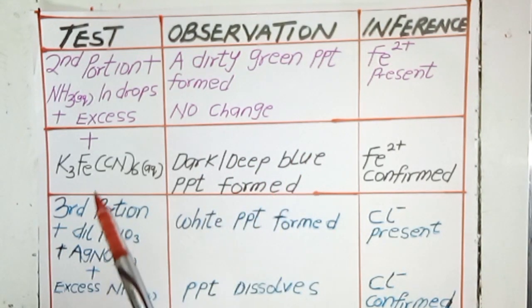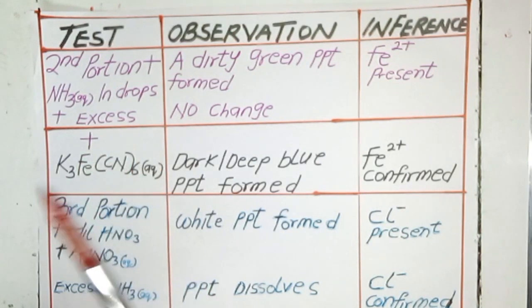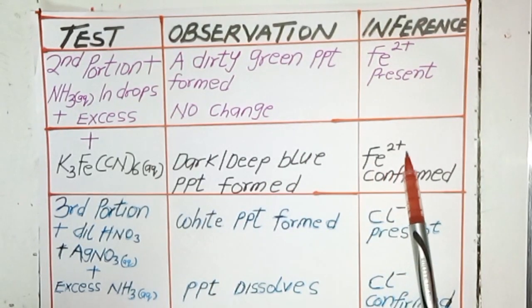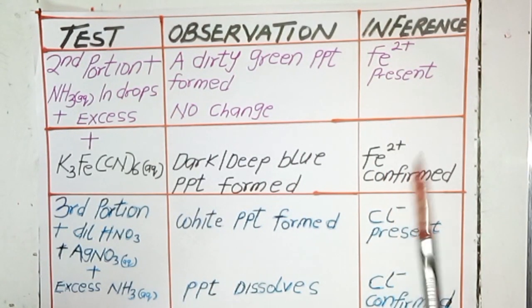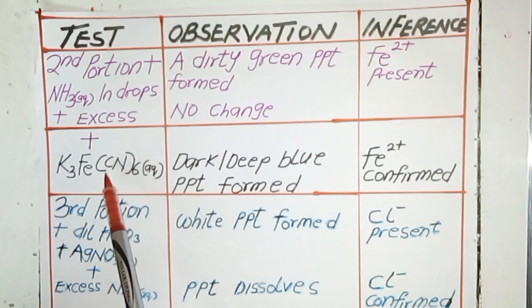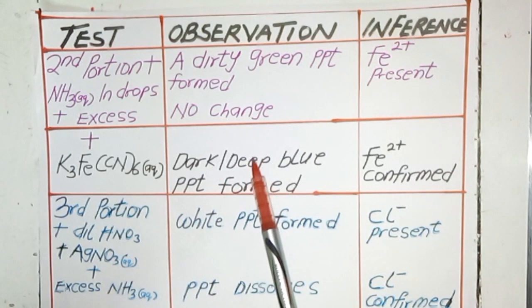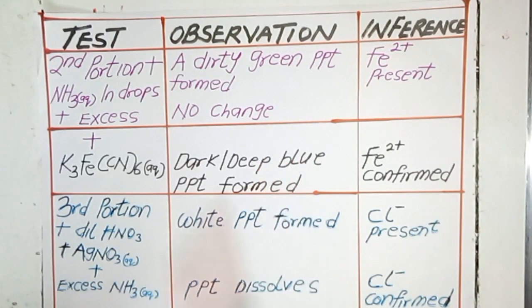And so the inference here would be iron 2+ confirmed. Note, this compound is to confirm the presence of iron 2. You either say a dark blue precipitate formed or a deep blue precipitate formed. And of course, we have confirmed that the particular salt contains iron 2.